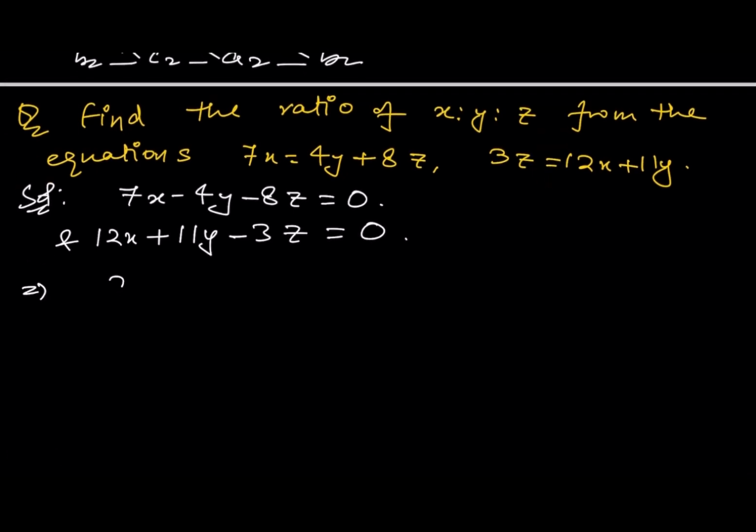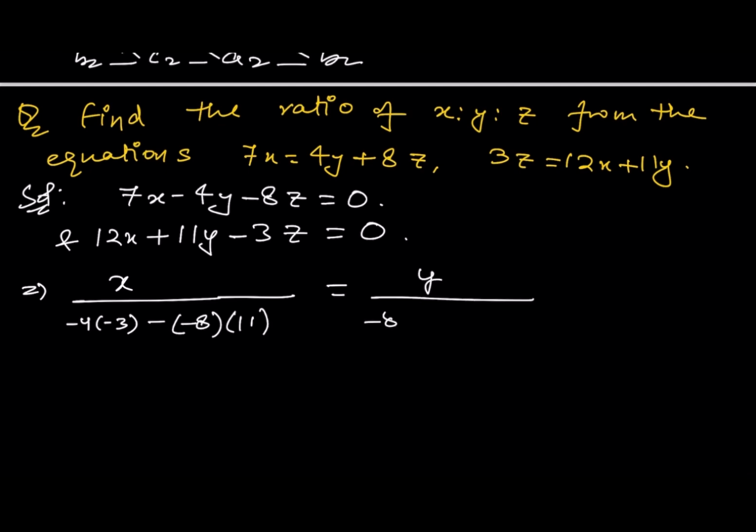Now x upon minus 4 into minus 3, that means b1 c2 minus c1 b2, is equal to y upon c1 a2 minus a1 c2 is equal to z upon a1 b2 minus b1 a2, right?